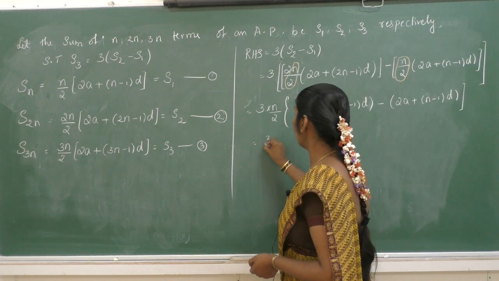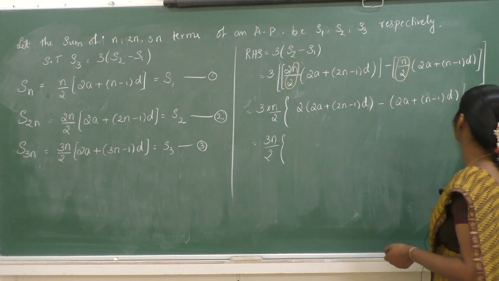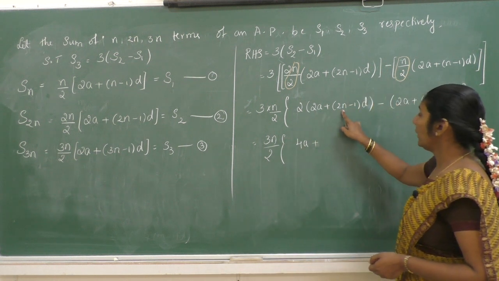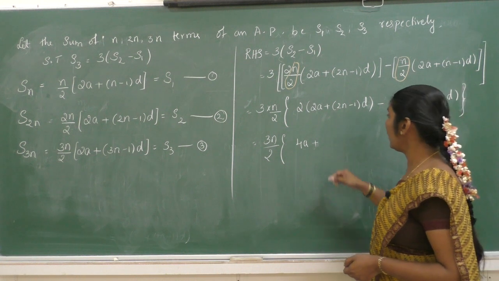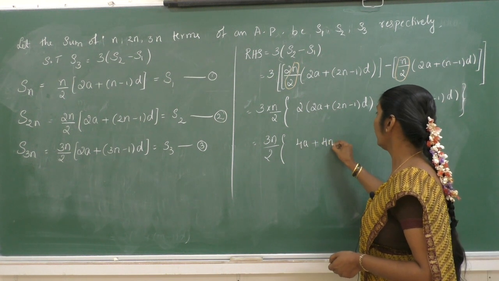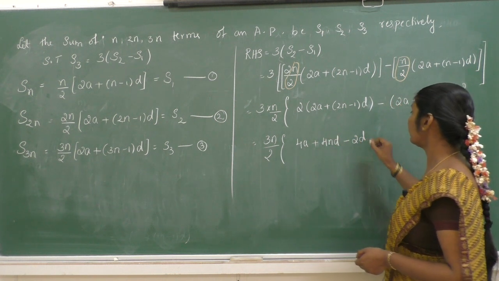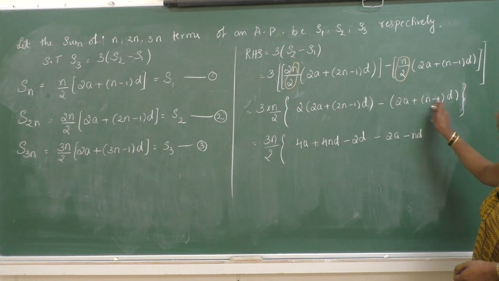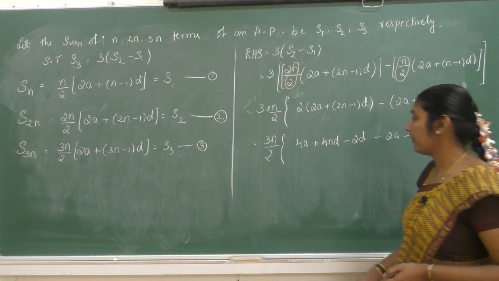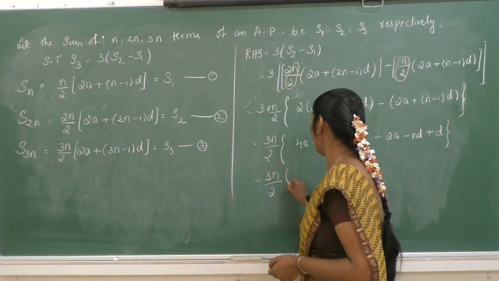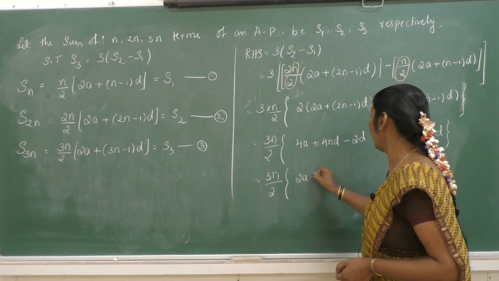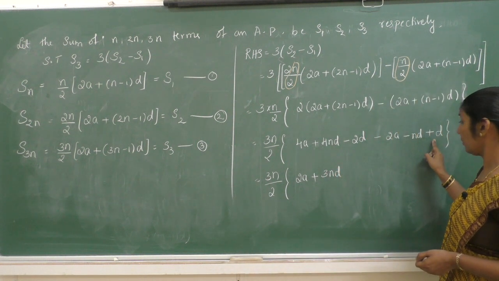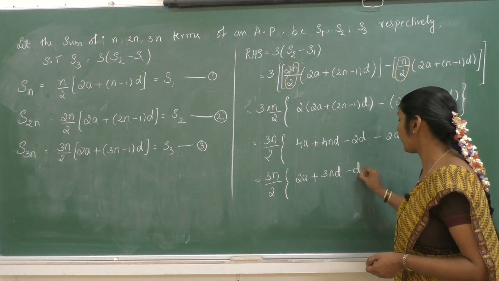So now can we write this as 3n divided by 2? Here a bracket, curly bracket. So 2 2s are 4a plus 2n into 2n into d, 2 into 2n is 4n d minus 2d minus 2a minus nd minus of minus plus d. So, we get 3n divided by 2 into 4a, when 2a goes, 2a plus 4nd, when nd goes, 3nd, 2d with minus 2d, when plus d is added, minus d.